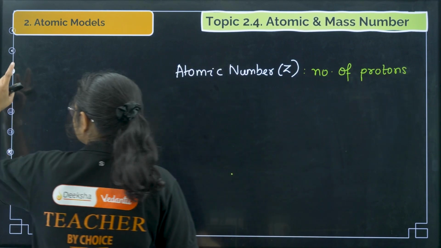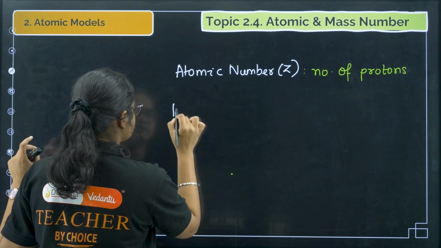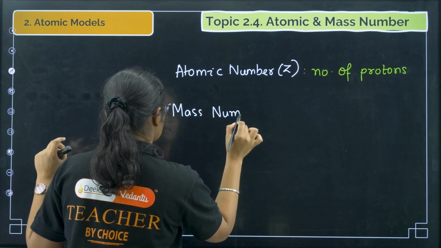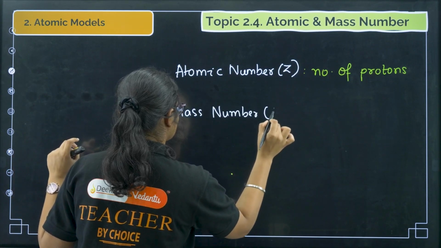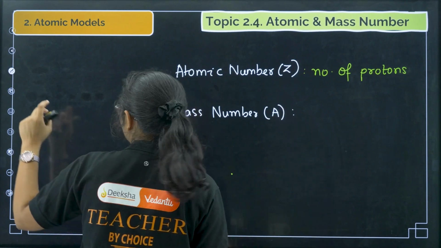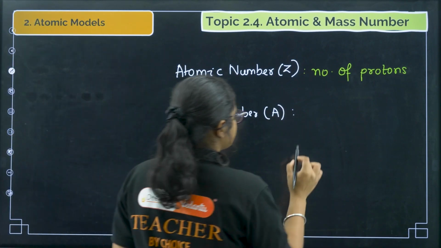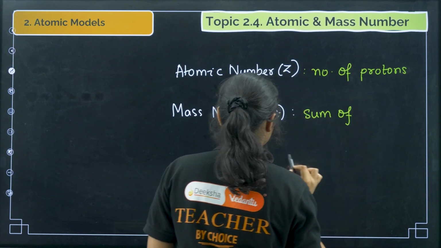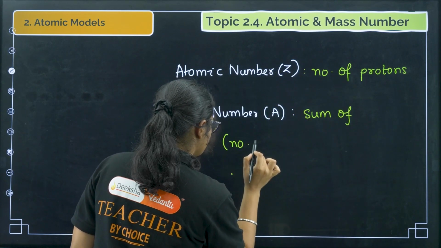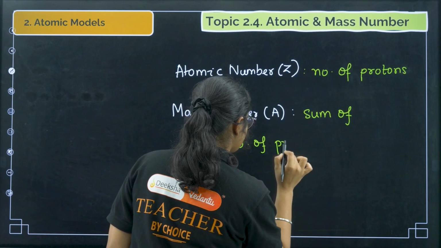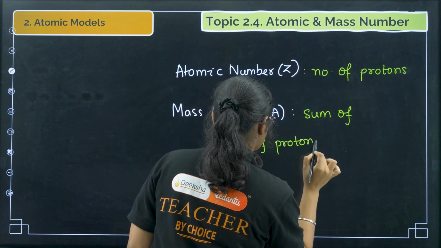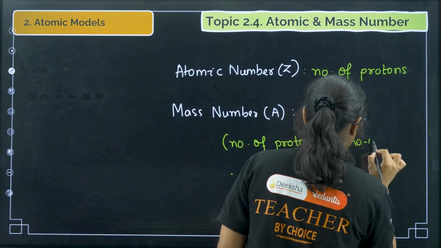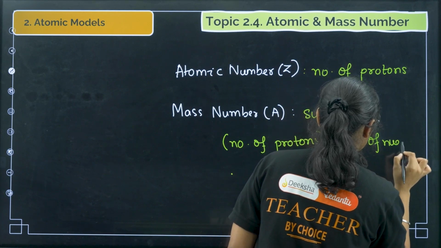Okay, and next topic, if you see, that is mass number. Okay, and mass number is denoted by the letter A. And what is the meaning of this mass number? This is the sum of the number of protons plus the number of neutrons.